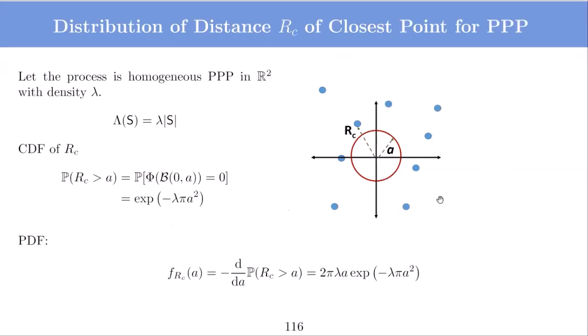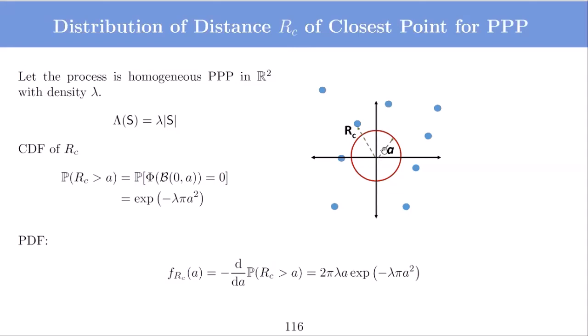So where can we use this void probability? Void probability also helps us characterize the point process. I'll talk about one particular application. Suppose you want to compute the distance of the closest point from the origin. Let us assume this is the origin, and this Poisson point process is homogeneous with density lambda in the space R^2.